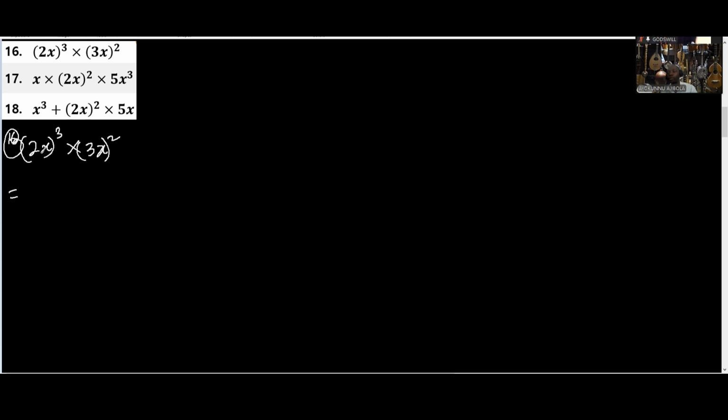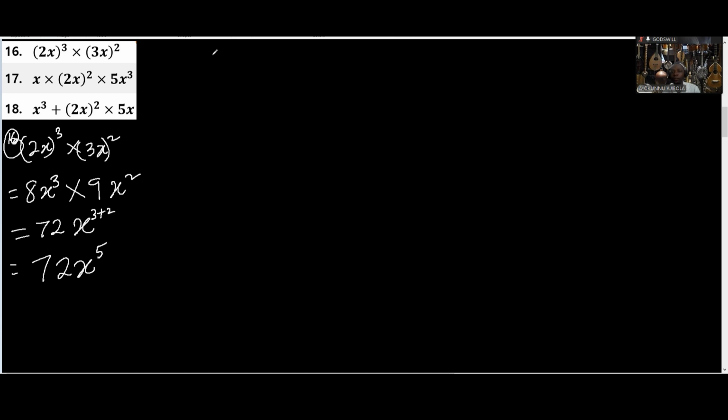So we have 2 cubed is 8, then x cubed. Then 3 squared is 9, then x squared. 8 times 9 is 72. X cubed and x squared, the powers added together, 3 plus 2. So this would be 72x raised to power 5.